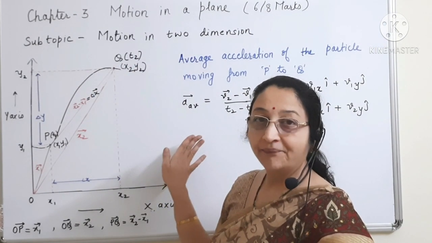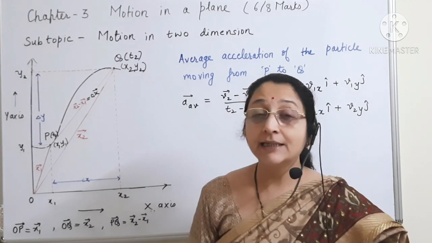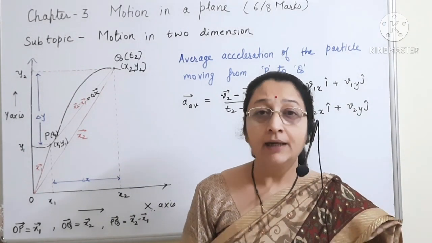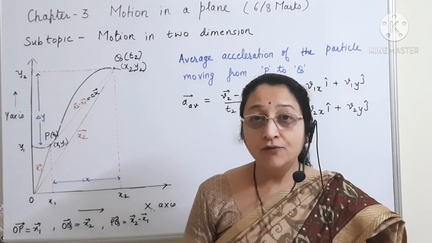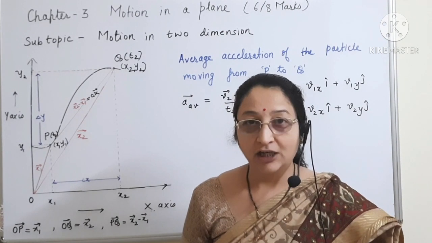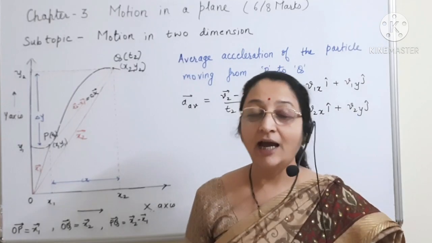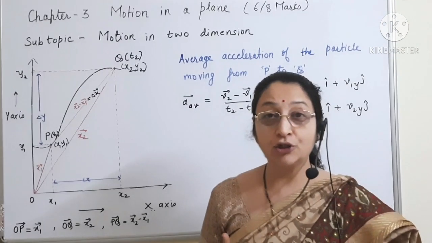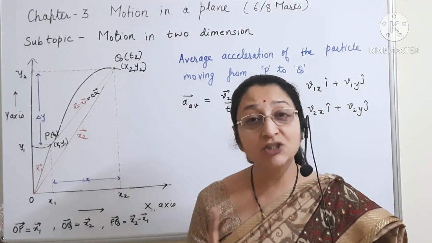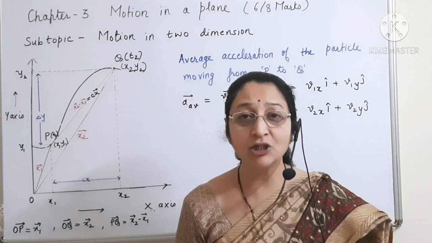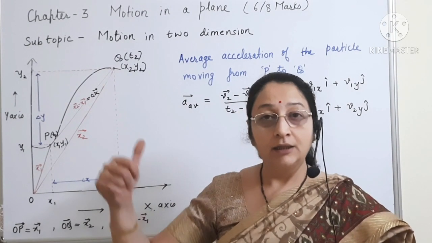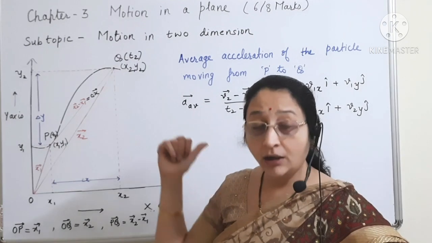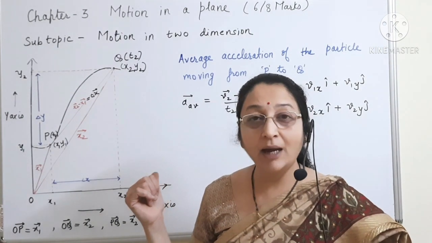Since it moves along the plane, it moves along two directions, the x direction and the y direction. Remember, in rectilinear motion the particle moves along a straight line, so it is one-dimensional. But the motion of a particle on a plane is two-dimensional.